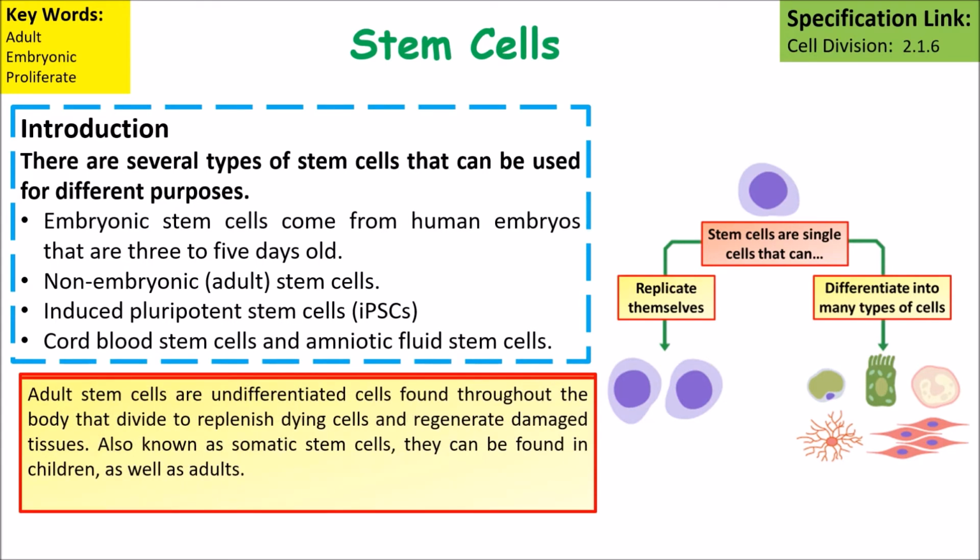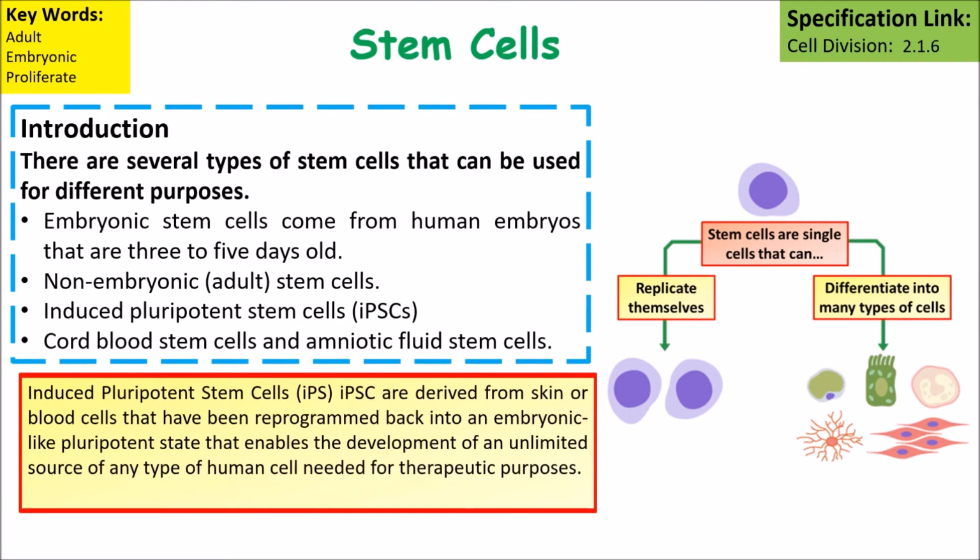Adult stem cells are undifferentiated cells found throughout the body that can divide and replenish dying cells and regenerate damaged tissues. These are also known as somatic stem cells and they can be found in children as well as adults. Induced pluripotent stem cells are derived from skin or blood cells that have been reprogrammed back into embryonic-like stem cells.